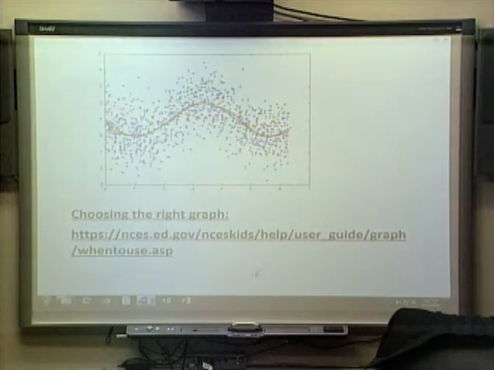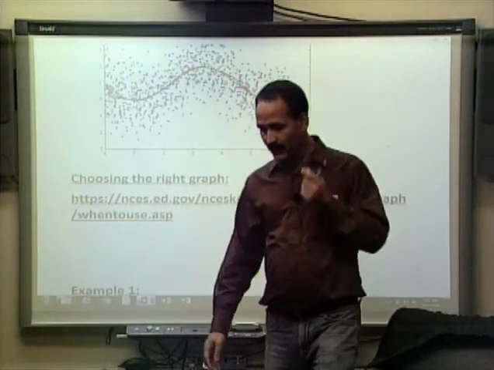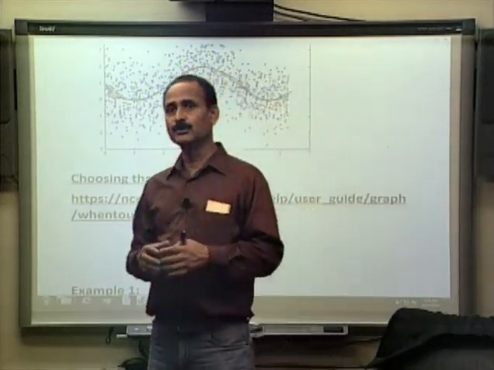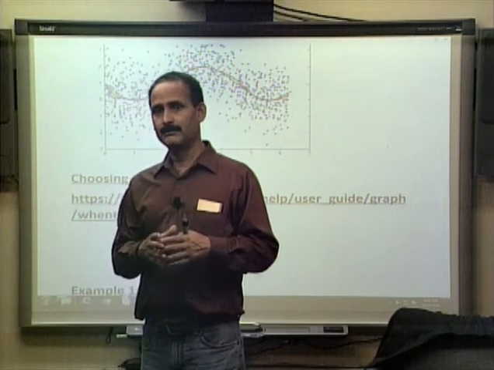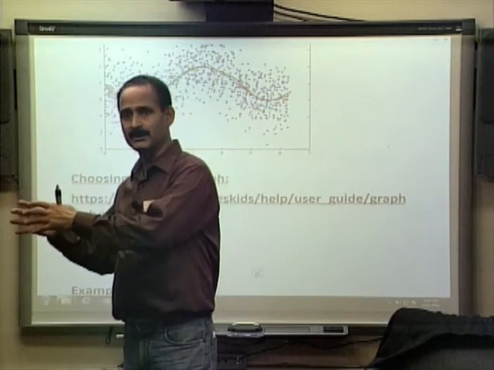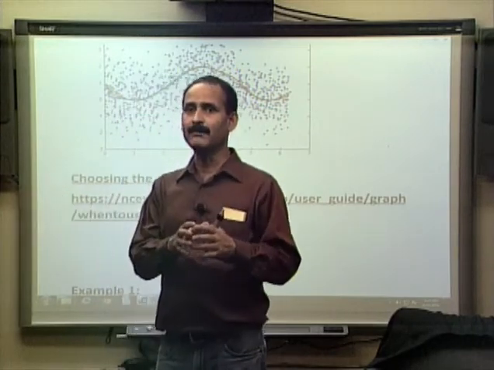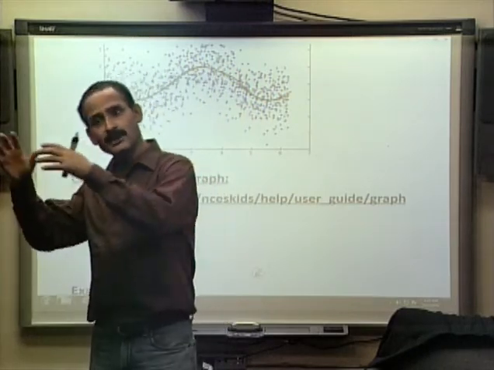One of the things we should be careful about when we use graphs is to know what graph to use in a particular situation. Different kinds of graphs describe different situations, or they are useful for different purposes.